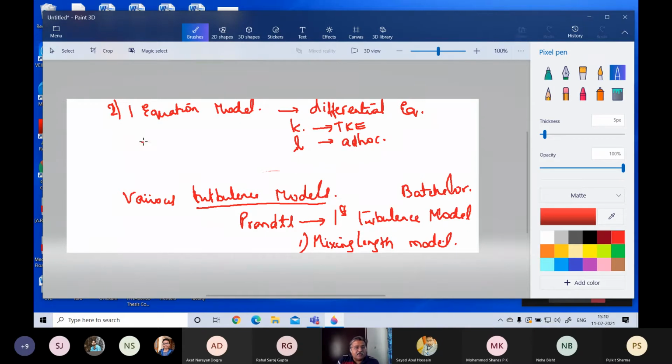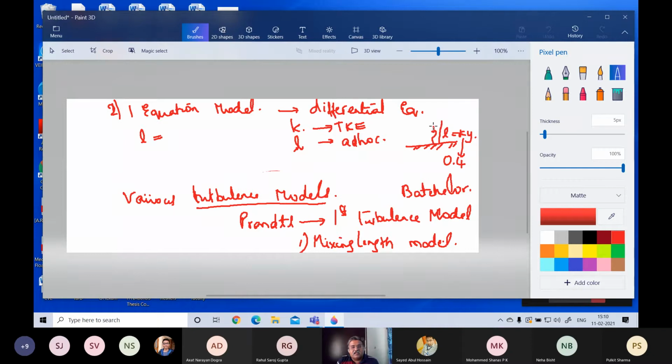For example, in flows with a boundary like this, L is usually written as kappa y, where kappa is the von Karman constant. It is 0.4. It's not the wave number; this kappa is the von Karman constant. So L equals kappa into y, where y is the distance from the wall.